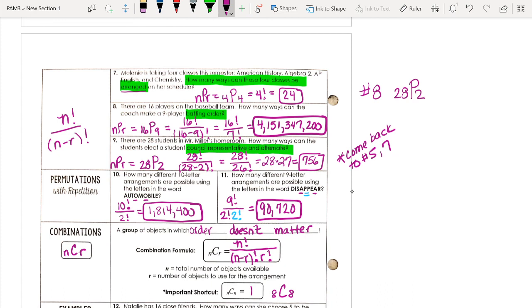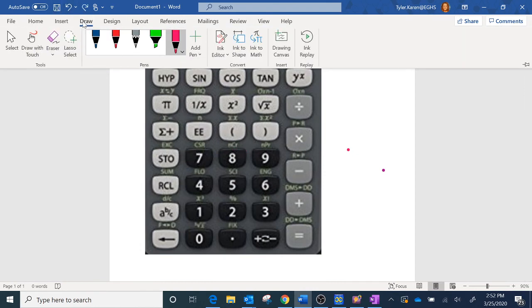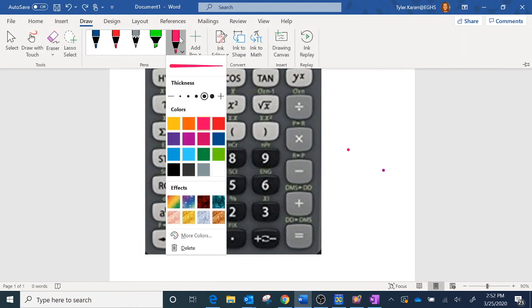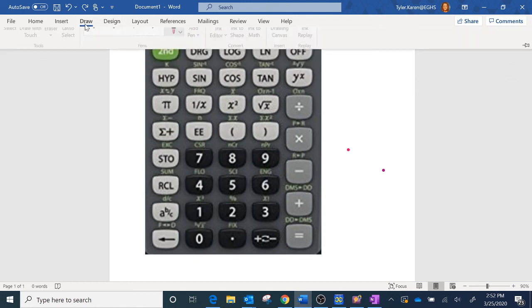So we want to go back to your calculator, and I know most of you have probably already found this. If you look on your calculator, right next to NCR, you should see an NPR.